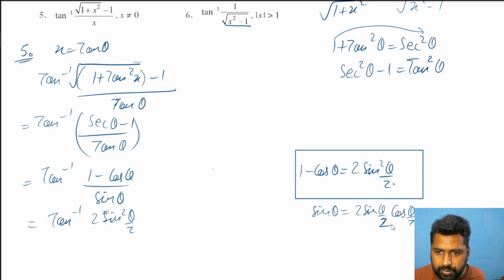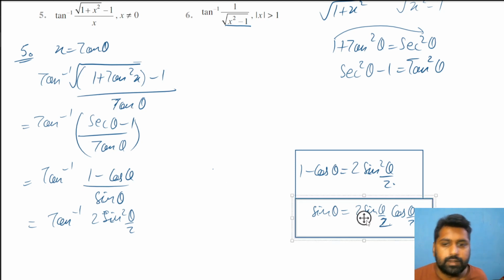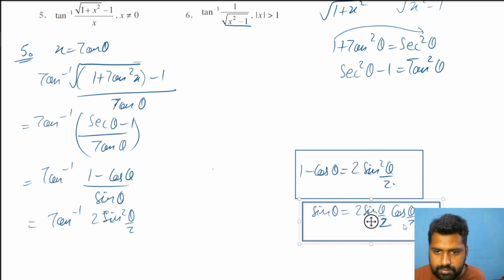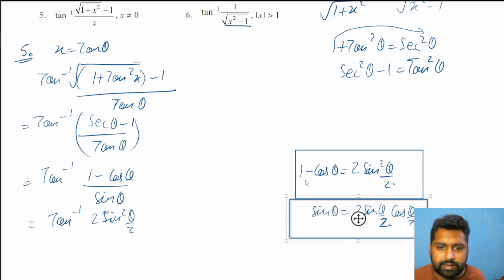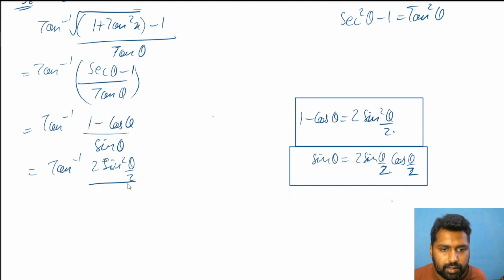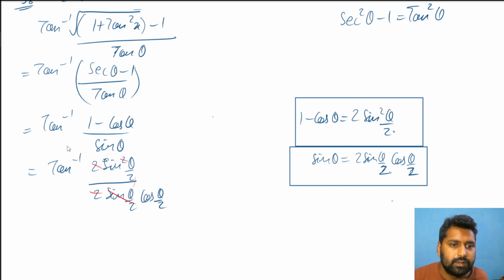Go through the properties that I discussed in the trigo, otherwise you'll struggle with this chapter while understanding it. So the recommendation is, before even starting this chapter, go through all the properties, get them in one single place, and keep the formula sheet with you while solving this for the starting. This becomes 2 sine theta by 2 cos theta by 2. So 1 sine cancels, 2 cancels.